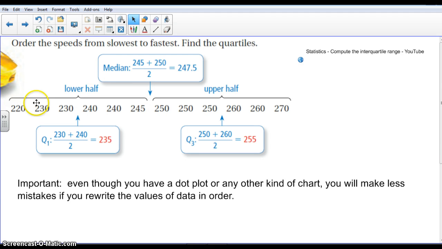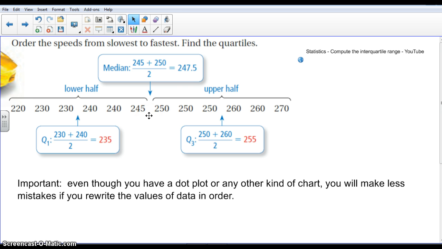So just like you would normally figure out a median, you've got 1, 2, 3, 4, 5, 6 on this side, 1, 2, 3, 4, 5, 6 on this side. You need to figure out what is in the middle. One of the ways to do that is add those two numbers and divide by 2, and you have the average. So right here is your middle.